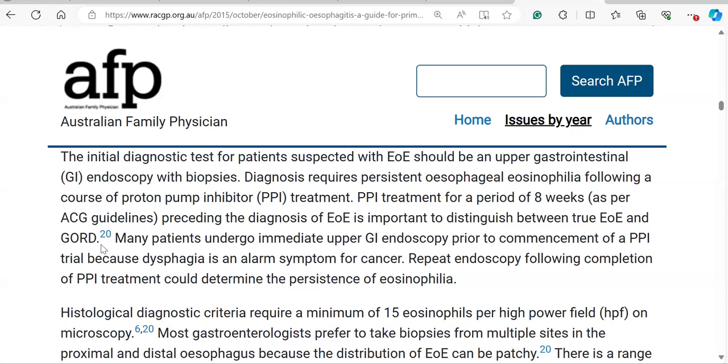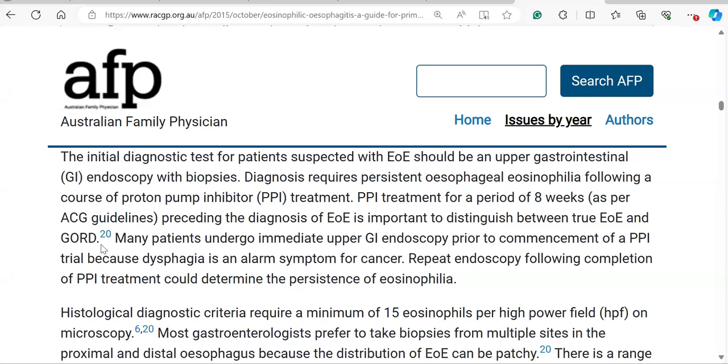Okay, so the option is that if there is no other red flag and the patient can wait for 8 weeks before going for an endoscopy, then you will try a PPI for 8 weeks and then you do an endoscopy. And even after treatment with a PPI for 8 weeks, if there is eosinophilia on the esophageal biopsy, that will give you the diagnosis.